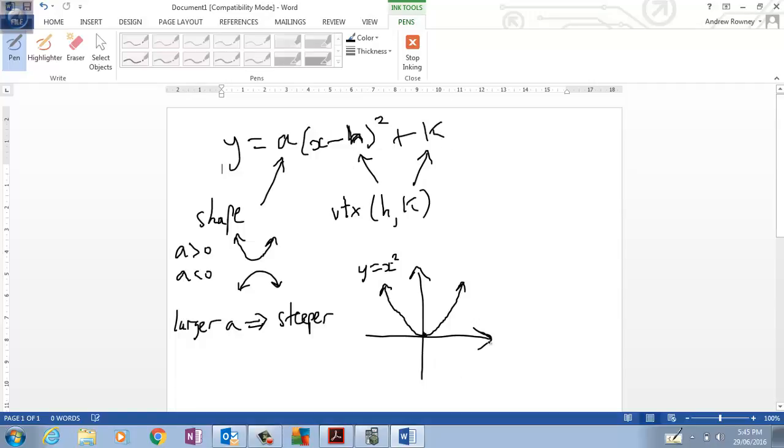So the vertex goes across h and up k, and that's why the vertex form is y equals x take h, because it's being moved across h, all squared, because originally we had x squared, and then we move it up by k, so we go plus k. In general, you can have ax squared, which is a slightly steeper or less steep graph, so we can just put an a out the front. So we could have started off with ax squared, and that's transformed into a times x take h squared plus k.